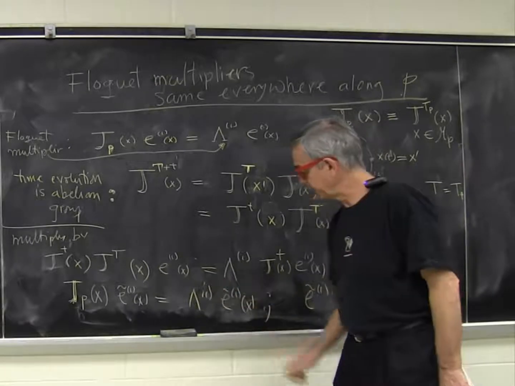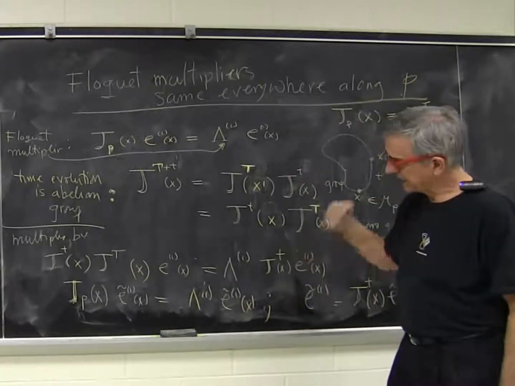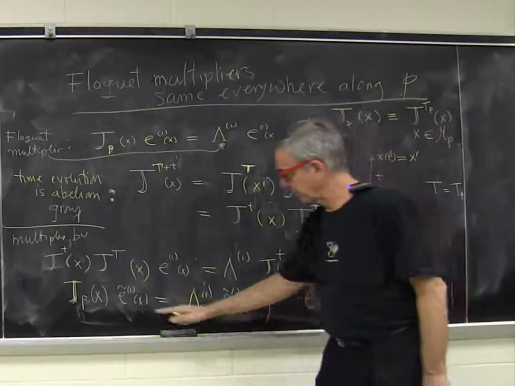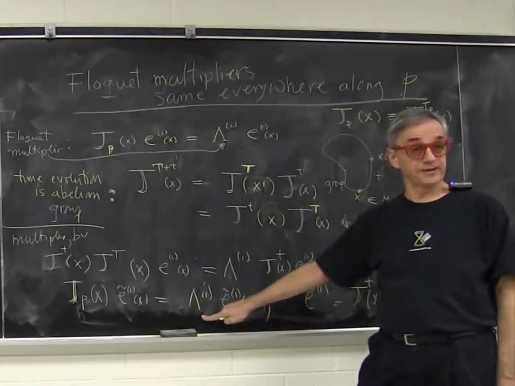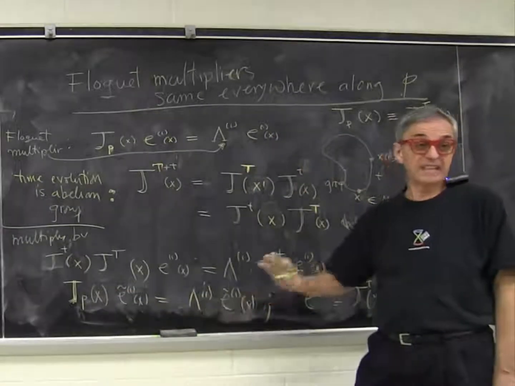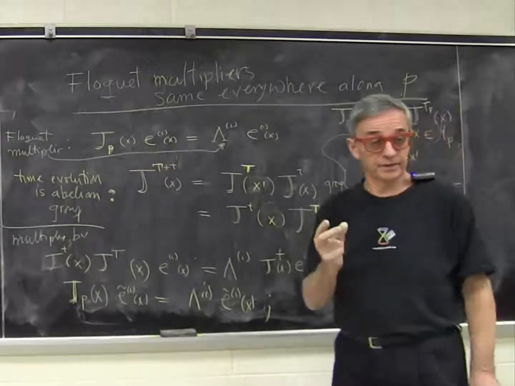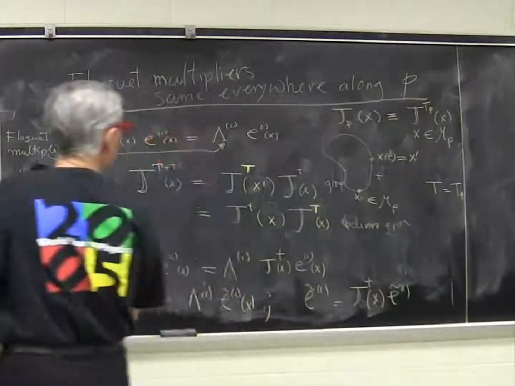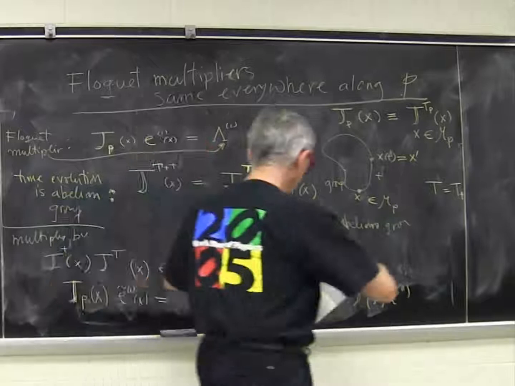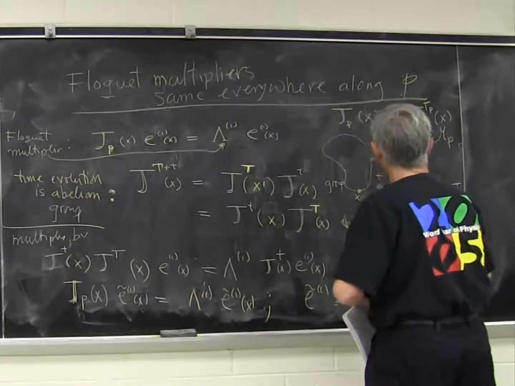So what do we find? That computed any place along the periodic orbit, we have the same equation with the same multiplier. And that's not really obvious because when you go around the periodic orbit, there could be lots of stretching here.